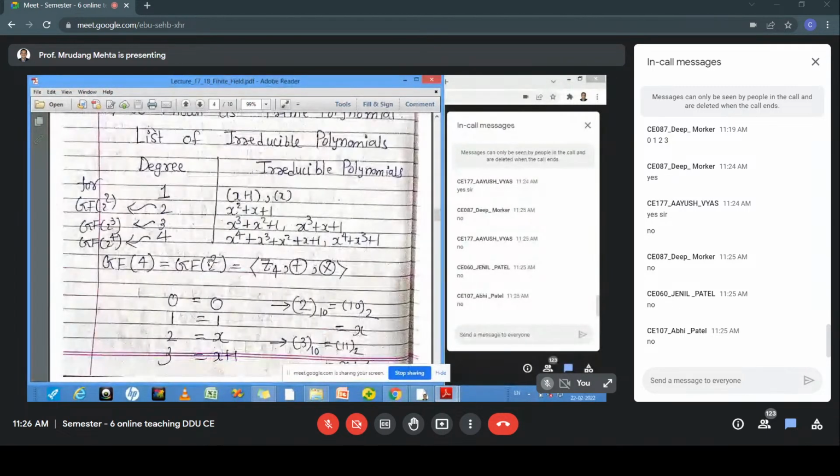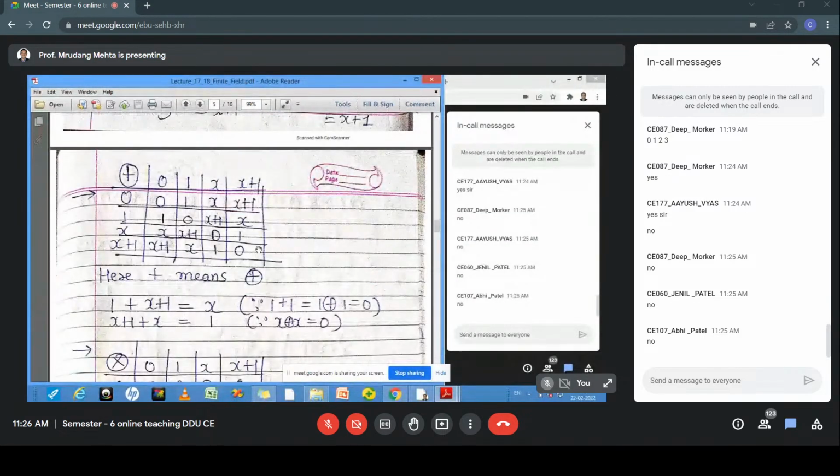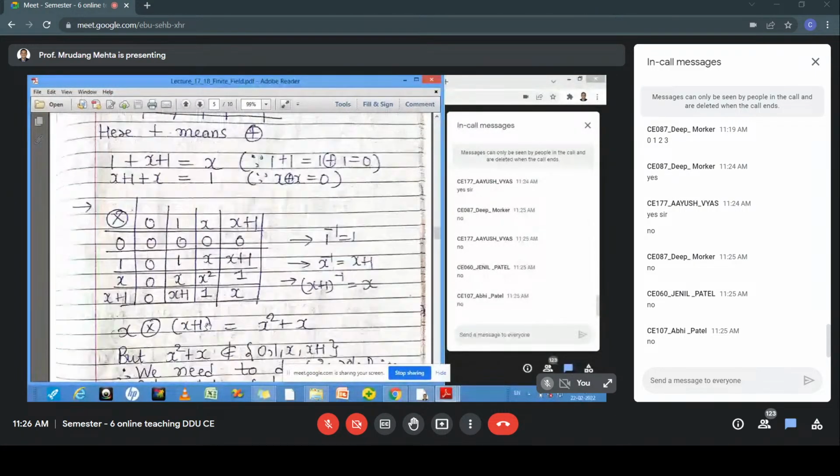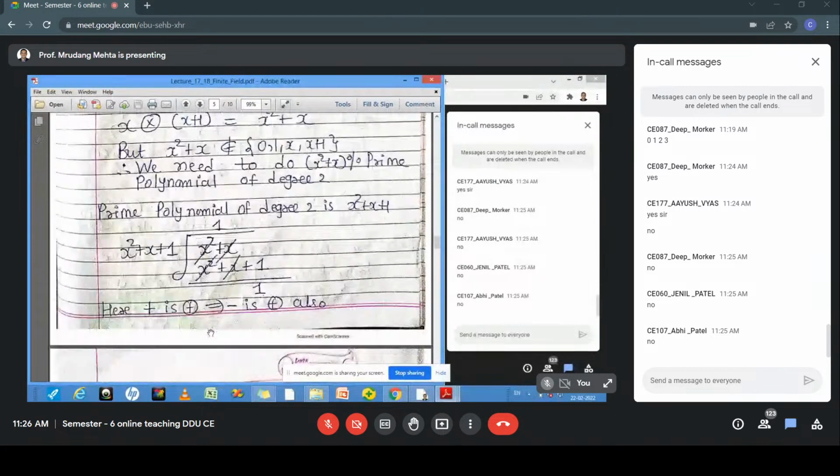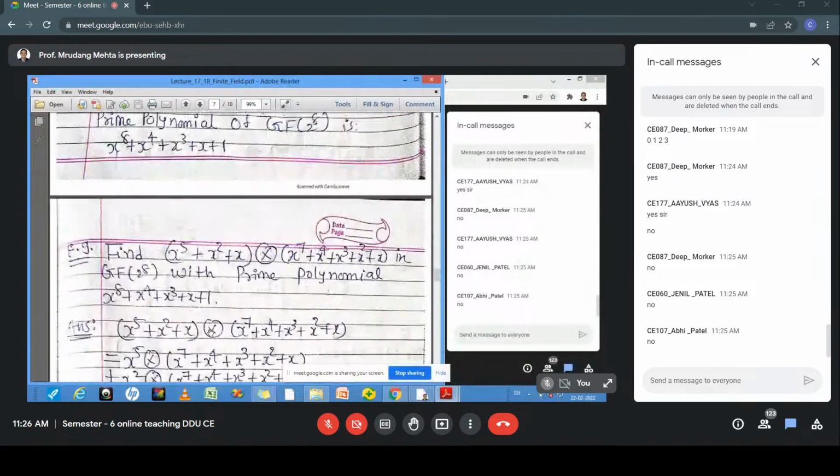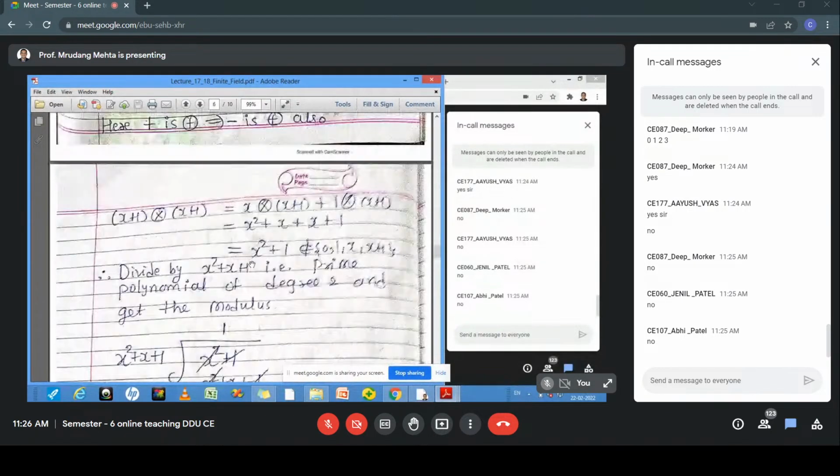Which one is the prime polynomial of degree 2? x square plus x plus 1. So at that time we have to take this x square plus x plus 1, that is prime polynomial. So we have to divide x square by this, right? So x square cancels out. So what remains is x plus 1, right? So the result is x plus 1.